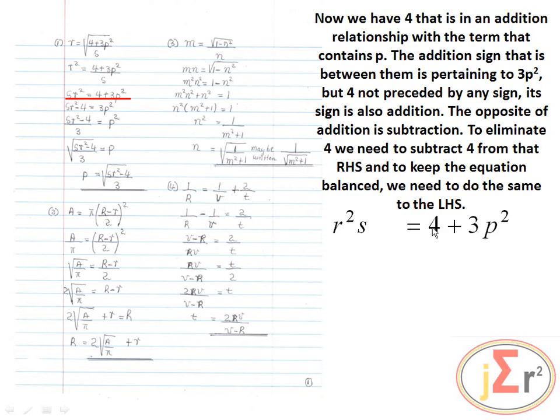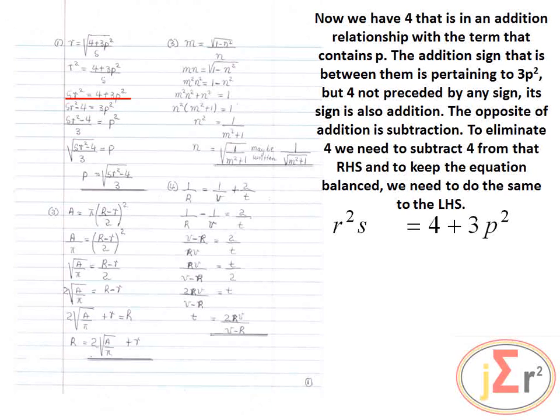But what about the sign of the 4? Because it is in an addition relationship. What about that sign? The addition sign that is between them is pertaining to 3P squared. But 4 not preceded by any sign, its sign is also addition, which is the default sign.